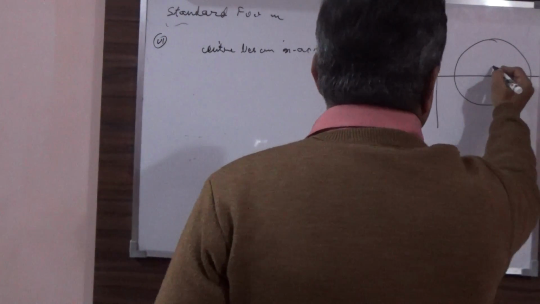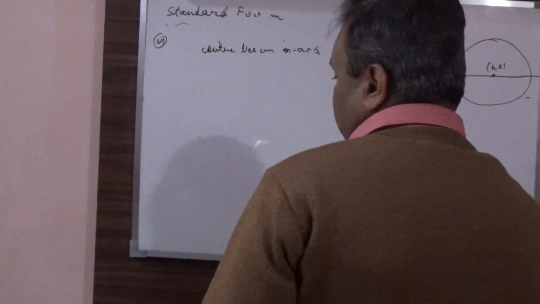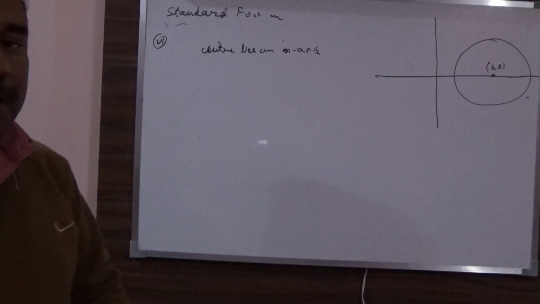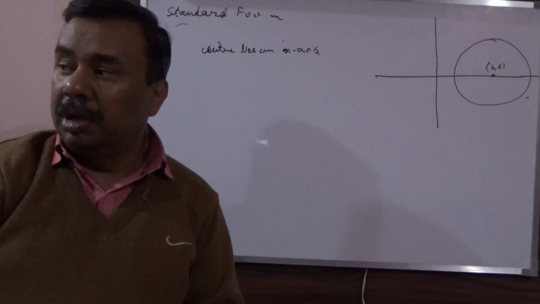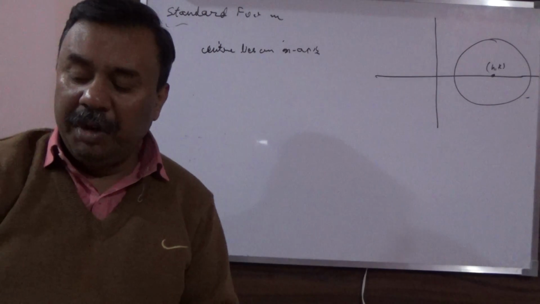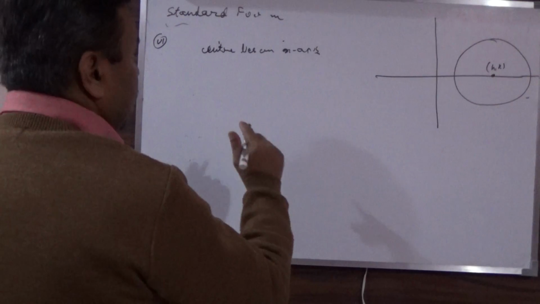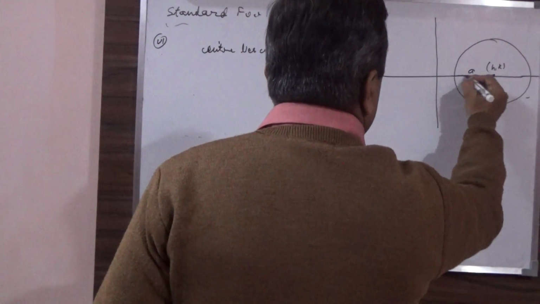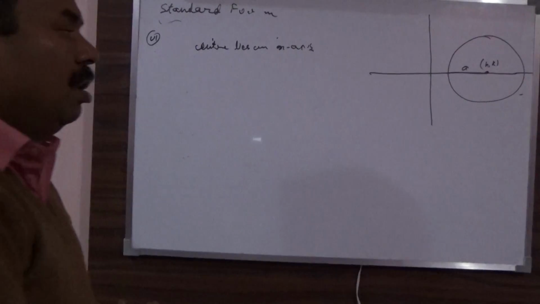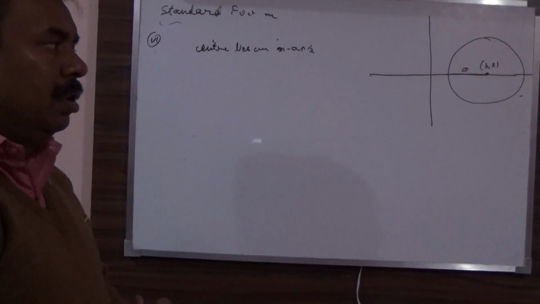Okay, this is your (h, k), and in this case a will be given to you. That means this will be the distance a. But what will be the value of k?